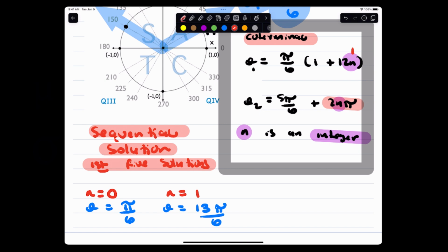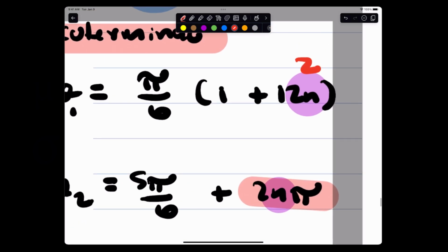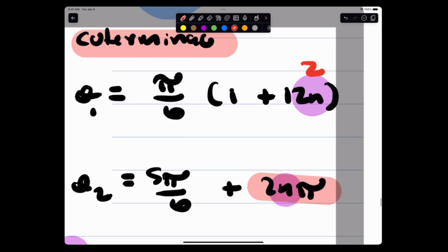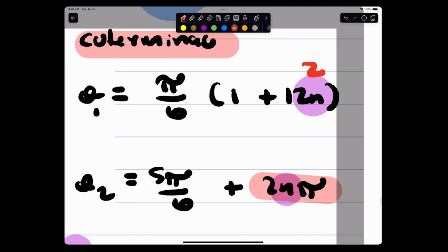So all you have to do now is change your value of n. Now n will be 2 here, and you do that arithmetic. If n is 2, what's 12 times 2? 24 plus 1 is 25.